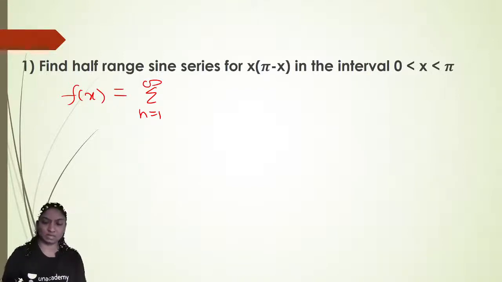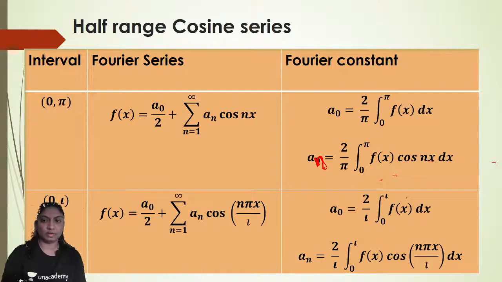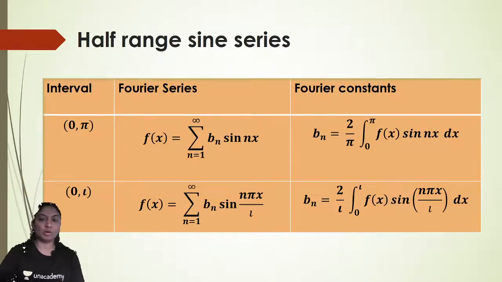The factor 2 upon pi comes in the formula. In the interval 0 to pi, the formula for the Fourier constant for the sine series is 2 upon pi integral from 0 to pi f of x into sine nx dx.